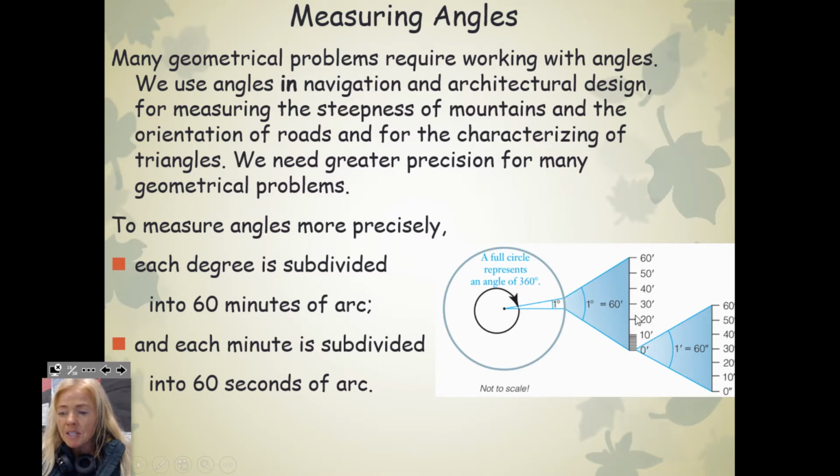And then each of those 60 minutes breaks into 60 seconds. You see the two little apostrophes there. That means seconds. So 1 degree breaks down to 60 minutes, and each of the 60 minutes breaks down to 60 seconds. So each degree is subdivided, and then each minute is subdivided. All right, and that's what we deal with in degrees.